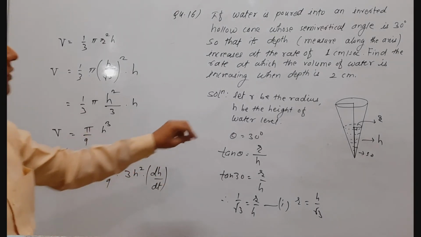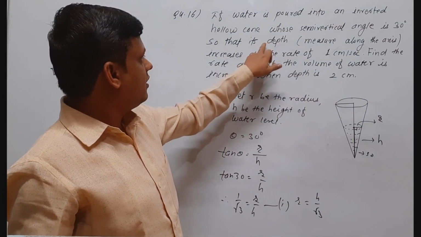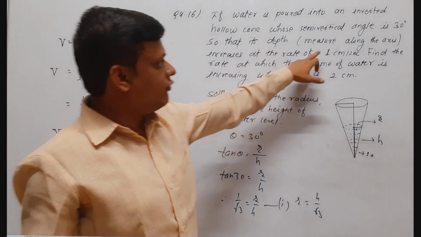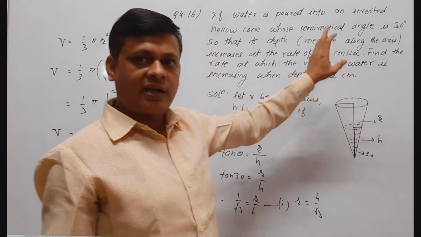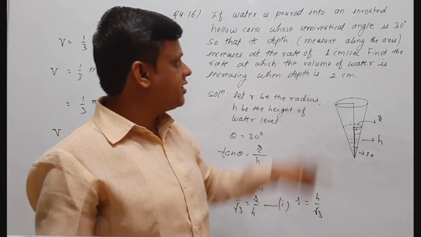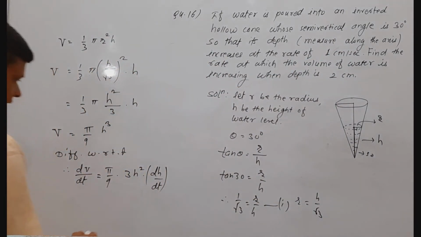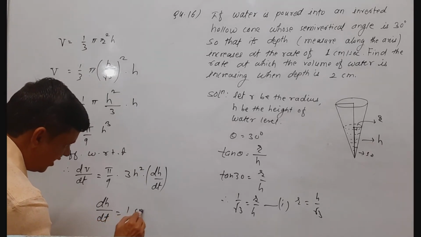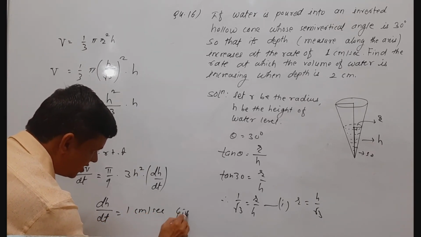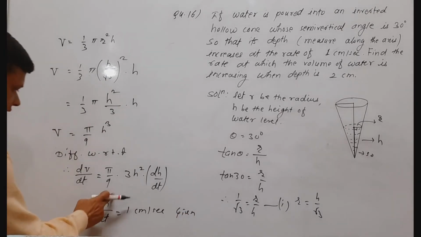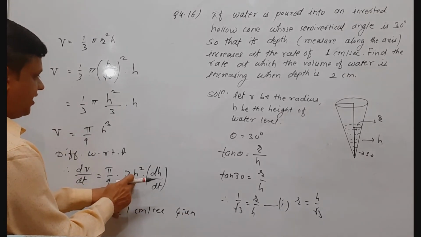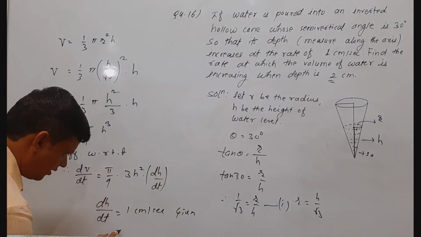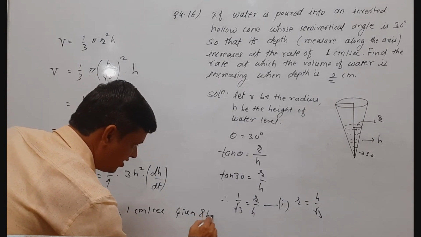Now also, the depth increases at the rate of 1 centimeter per second. That means dh by dt is given, which is 1 centimeter per second. So we substitute dh by dt as 1 and h is equal to 2.